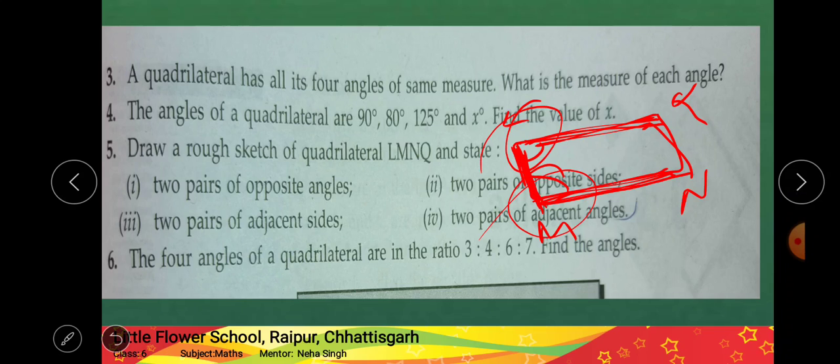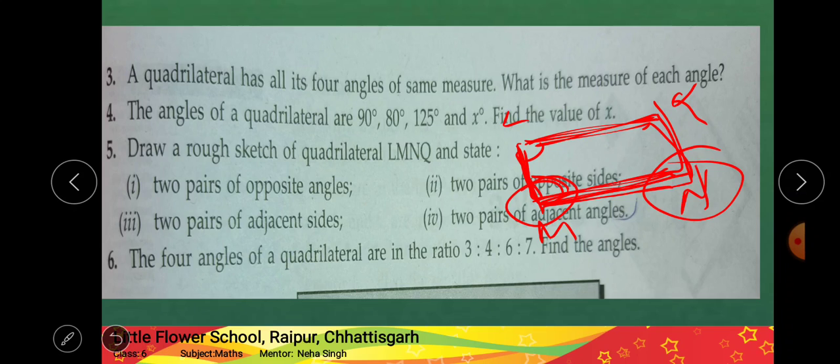Therefore, they are adjacent angles. Adjacent sides will be LM and MN. Why? Point M is common. MN and NQ. Why? Point N is common. NQ and QL, point Q is common, and QL and LM, point L is common, right? So this question you are going to solve on your own. I have explained it. You'll write it in your copies.